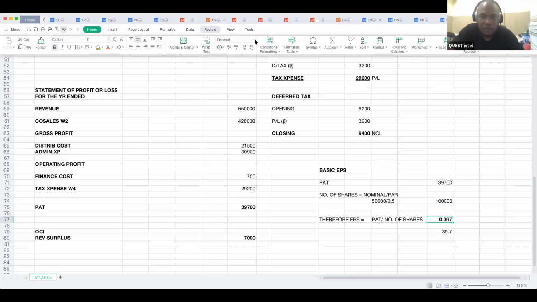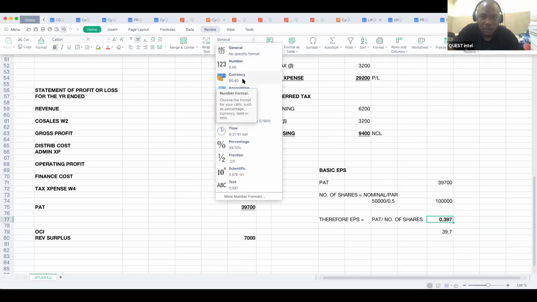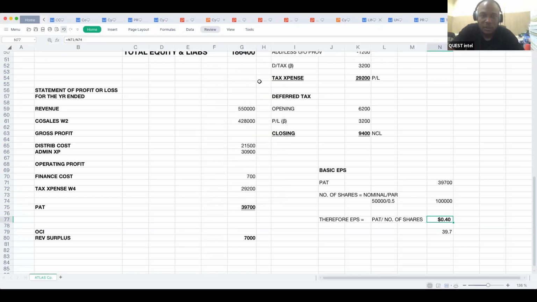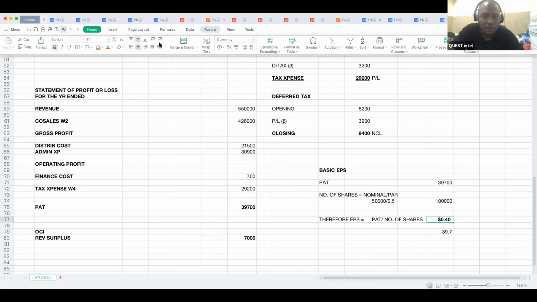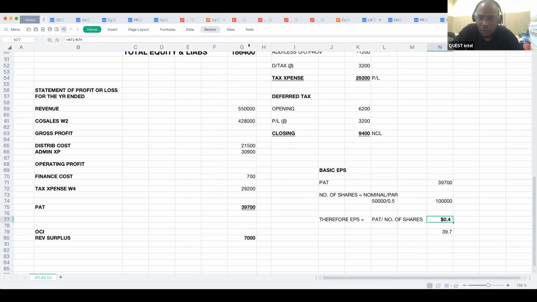So go to currency, and currency is in your exam. I want it in 3 decimal places. So where's that thing? Okay, so add one more.